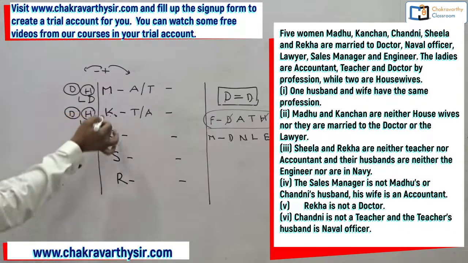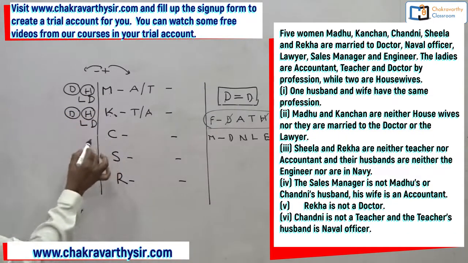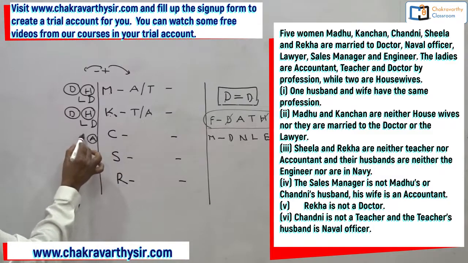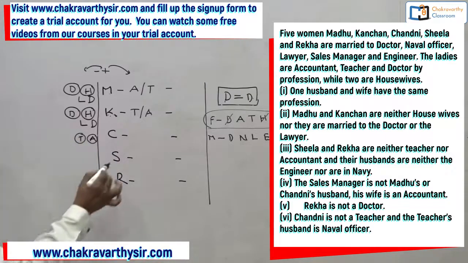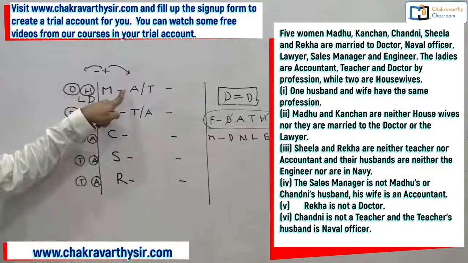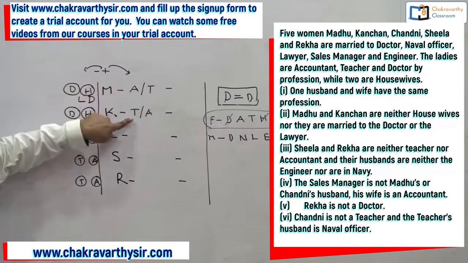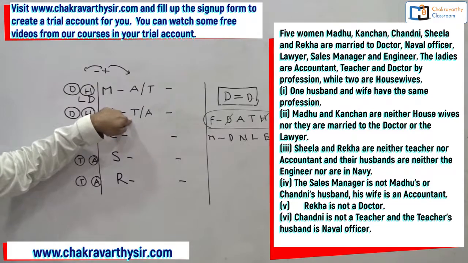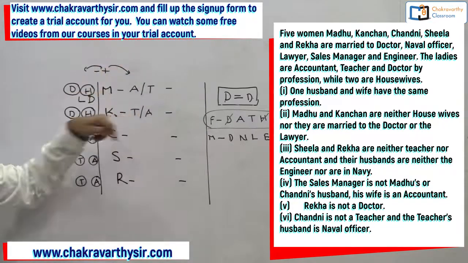That means the remaining three ladies cannot be accountants or teachers. Here also Sheila cannot be accountant or teacher. Rekha cannot be accountant or teacher. Because accountant and teacher, only these two places are left out for them. Mutually that can be distributed.